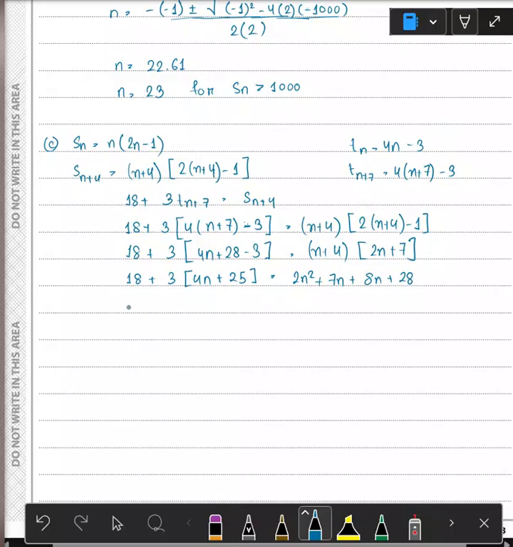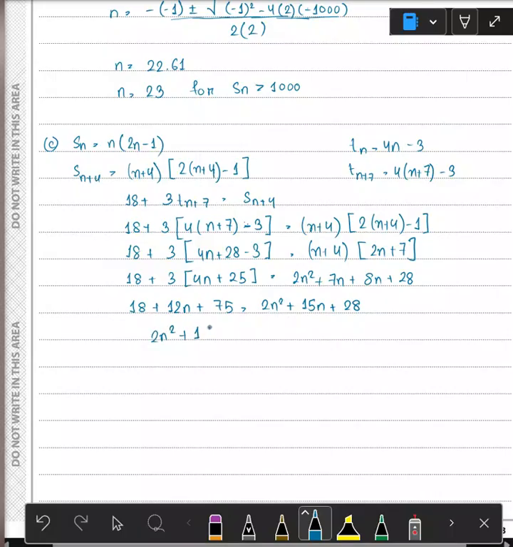Now, 18 plus 12n plus 25 multiplied by 3 is 75, is equal to 2n square plus 15n plus 28, right? Now, let's take everything to the right hand side, because there is a 2n squared there, so it's better. Let's leave 2n squared as it is on the right hand side.